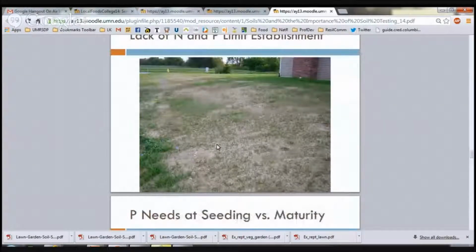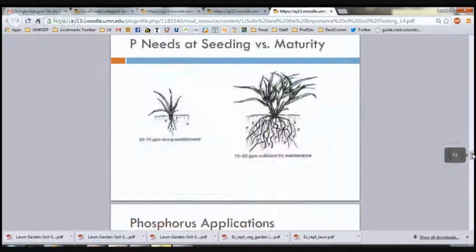When the house was constructed, they didn't reserve the topsoil. So when you dig into the ground, if you know anything about soil horizons, what ends up on top is the parent material, which is glacial till, and you get all those rocks. So it's not a good seed bed for this particular home lawn.